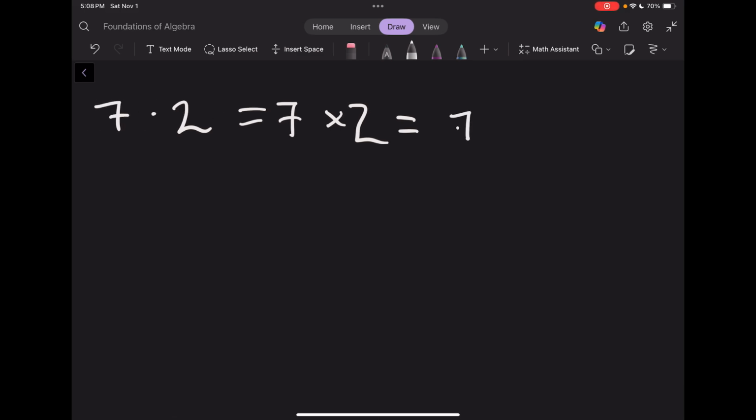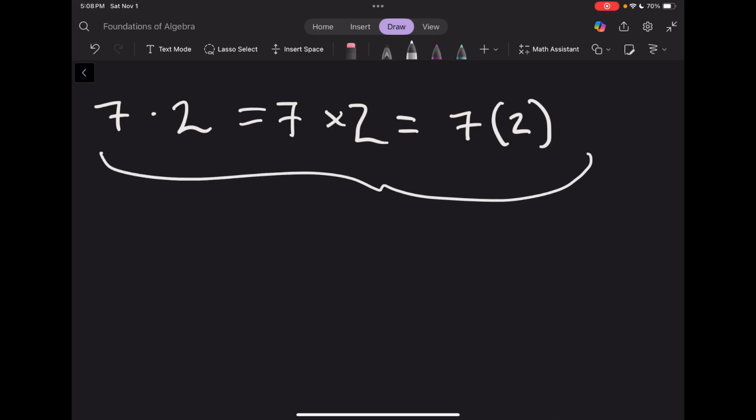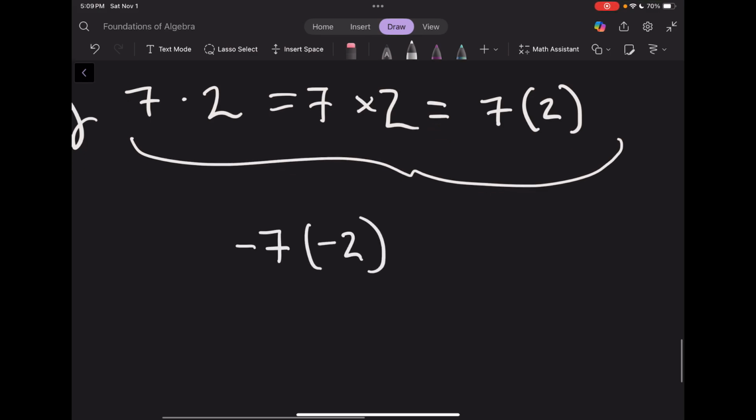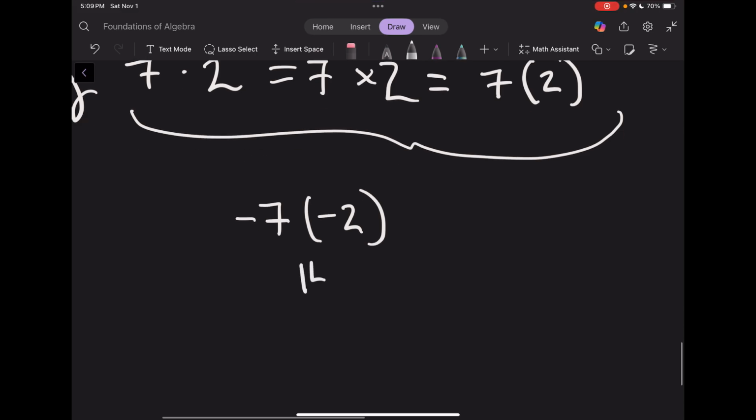So like I can have this 7 on the outside times 2 in parentheses. These are all the same thing. I can also have something that looks like negative 7 times negative 2, which would give me positive 14 because we have a negative times a negative.